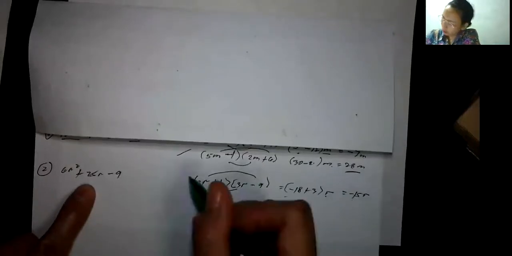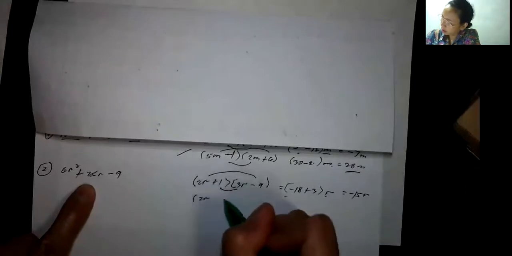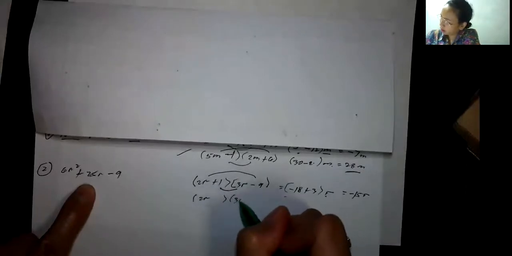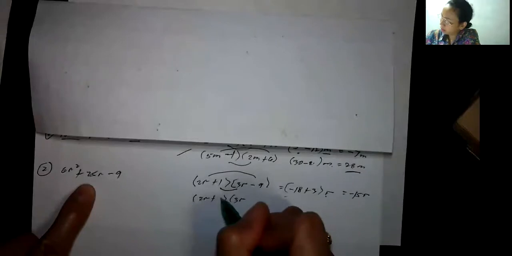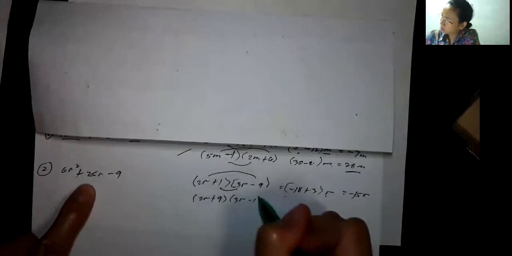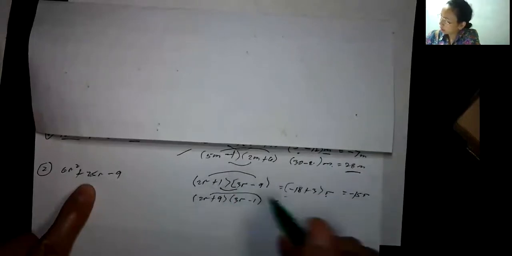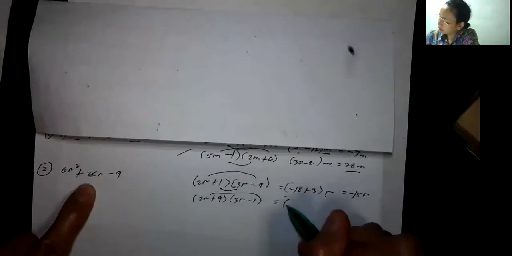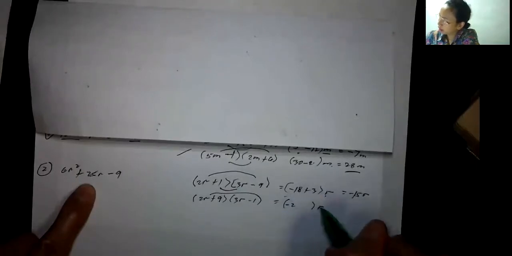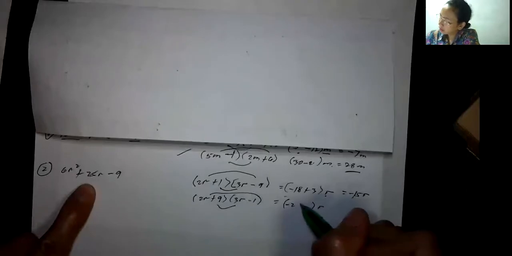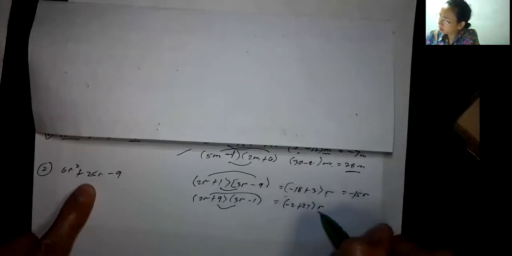Let us have another factor. So let's say we have here 2r and then 3r, and this will be 9 and then negative 1. So 2r times negative 1 is negative 2r. 9 times 3r is positive 27r.